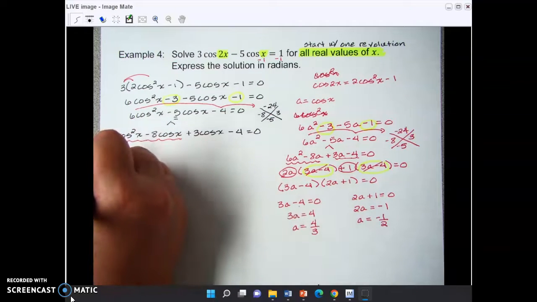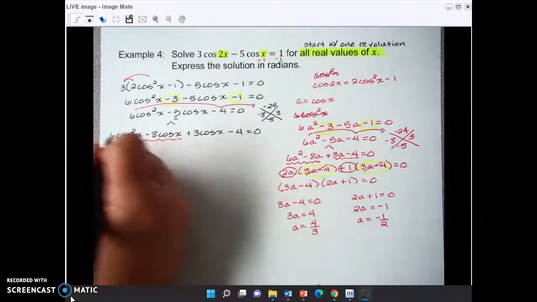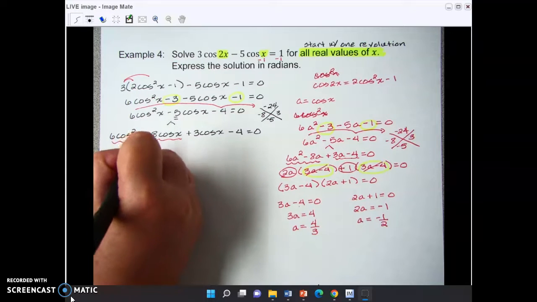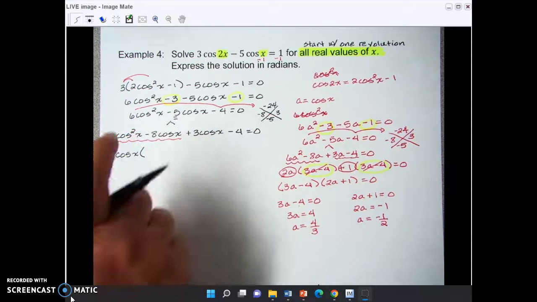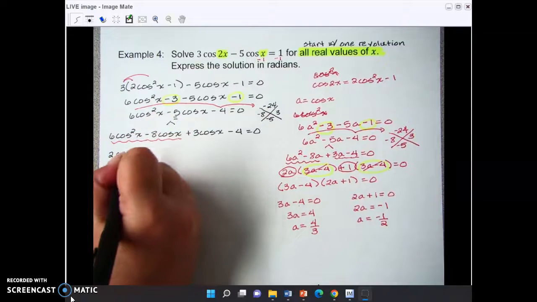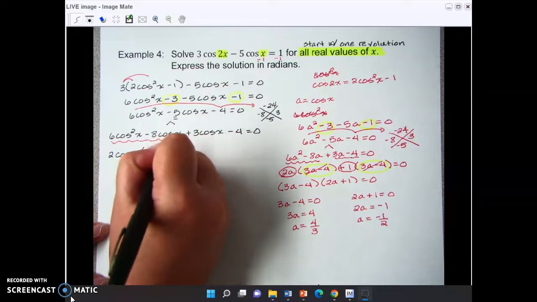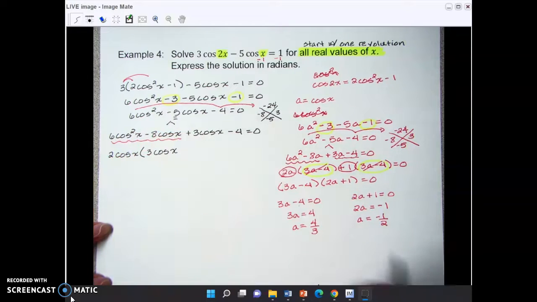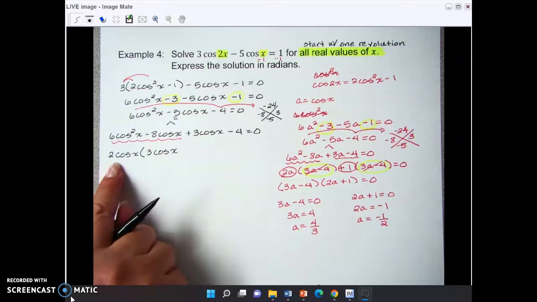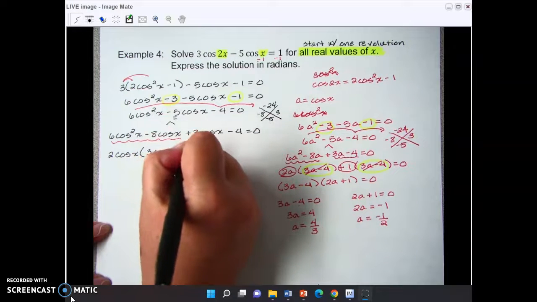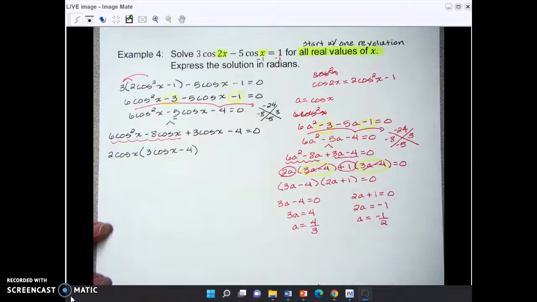So 6 and 8 have a greatest common factor of 2, and they both have a cosine of x. So here, 2 times 3 gives me 6, and cosine of x times cosine of x gives me cosine squared of x. And then 2 cosine of x times -4 gives me -8 cosine of x.